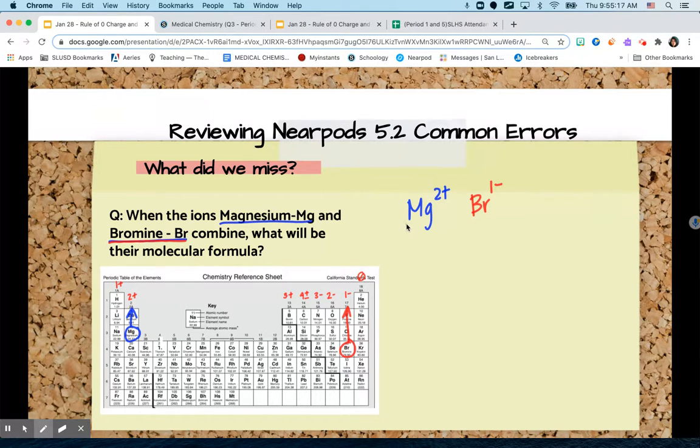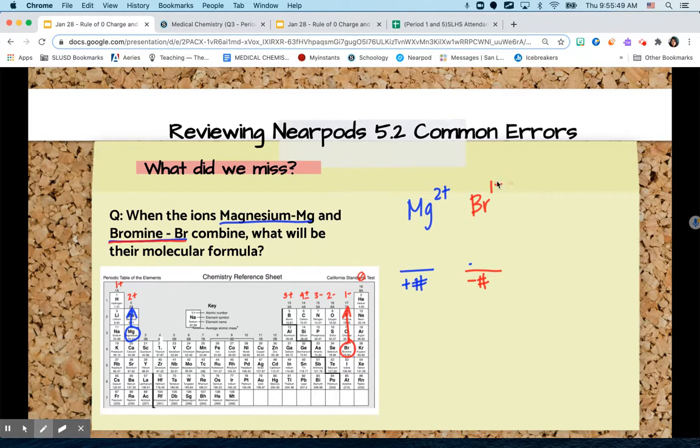The next thing I need to do is make all these charges add up to 0, and that will let me know how much of each I need. Here I need to have some number that's positive, by either adding more Mg or more Br, and here I need to have the same number but opposite, by adding more Mgs or more Brs.